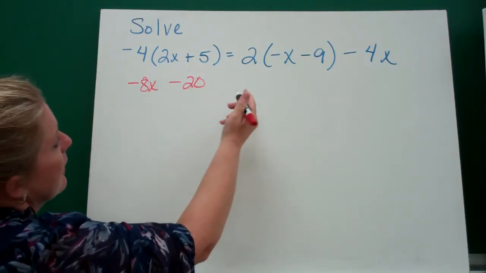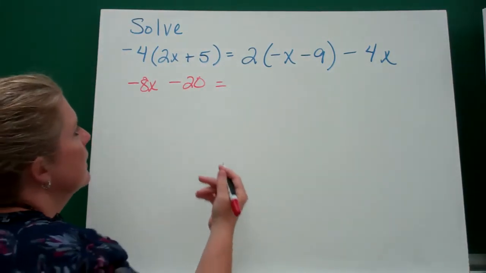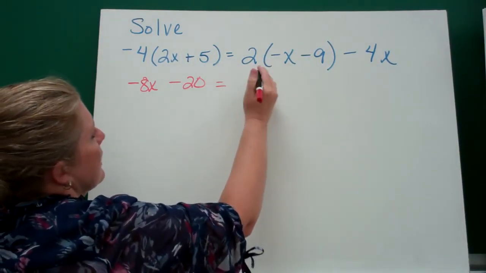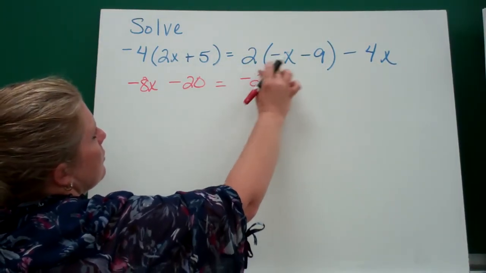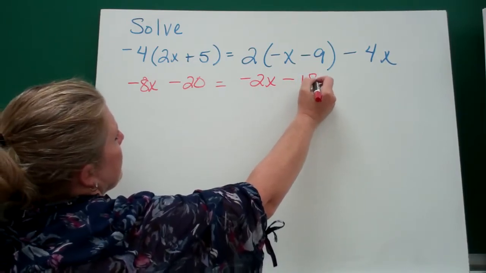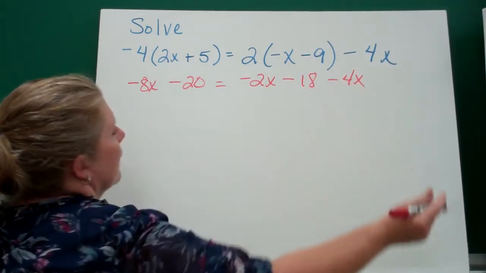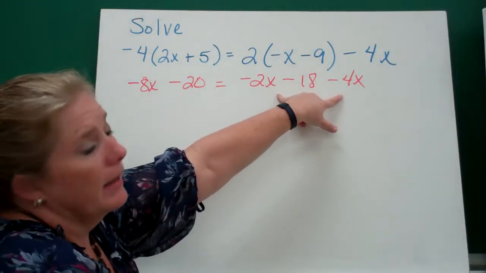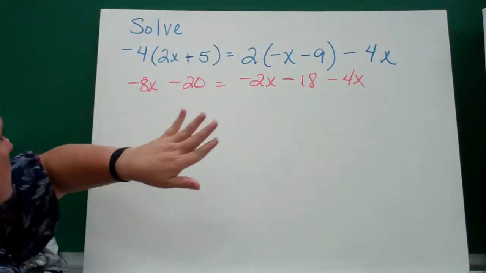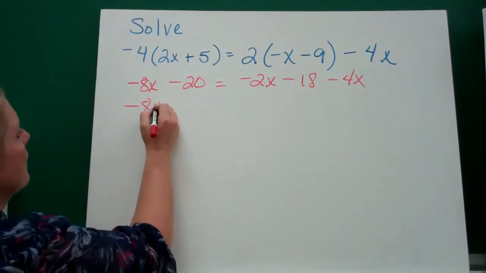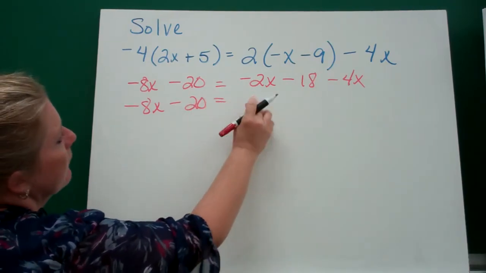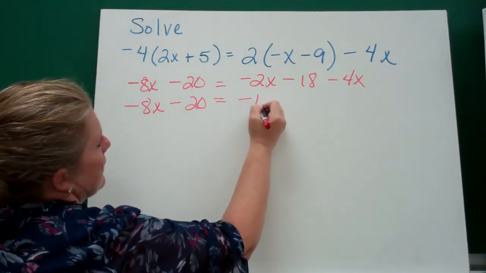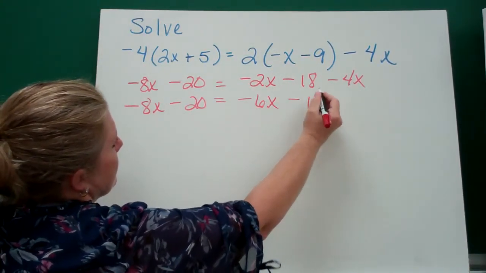You could say plus negative or just minus, either way. 2 times negative x is negative 2x. 2 times negative 9 is negative 18. We must combine our like terms over here before we do anything. So let's just rewrite this side. Negative 2 and negative 4 is negative 6x minus 18.